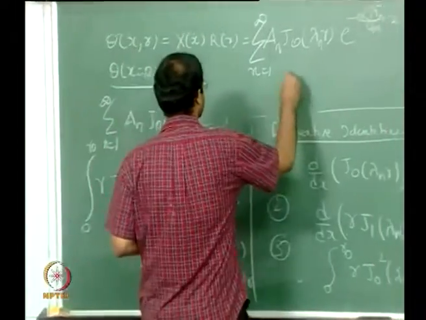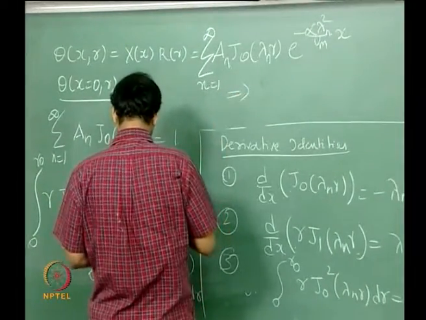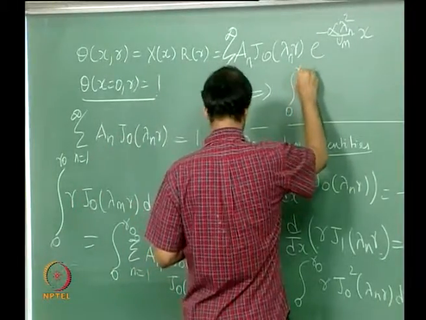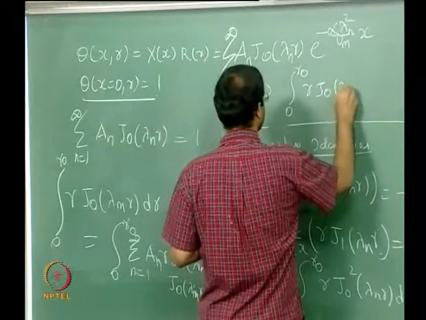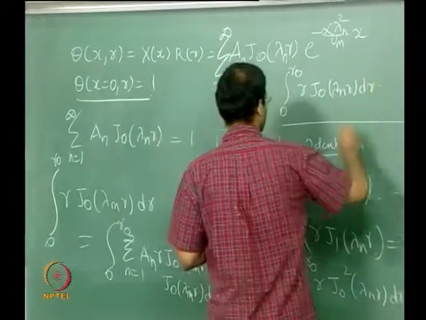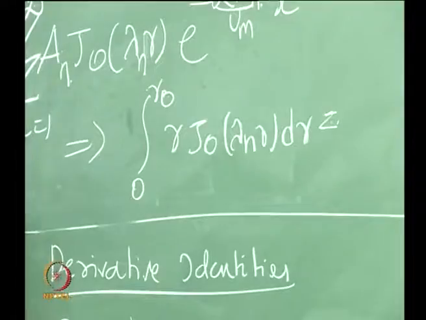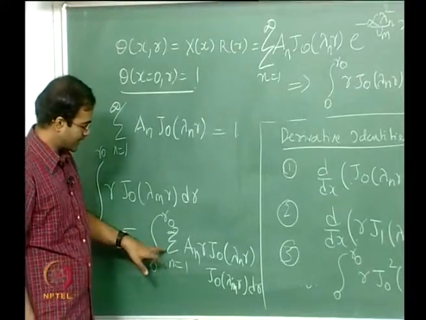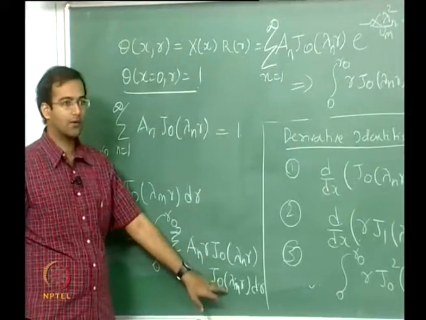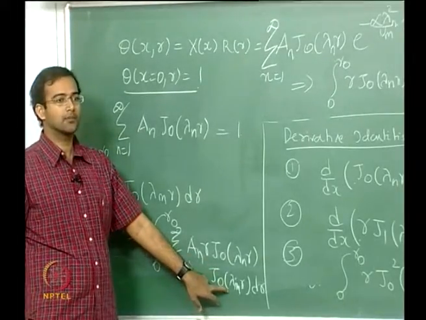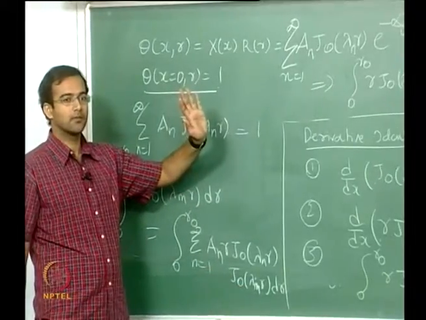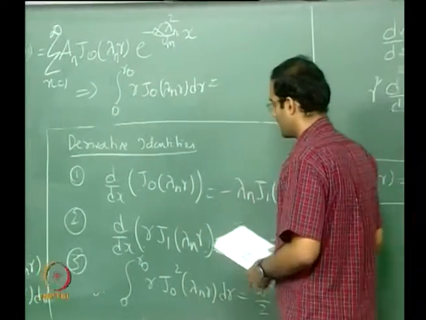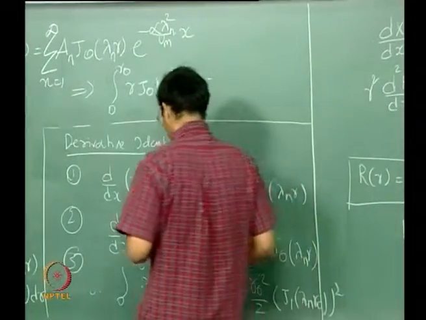So therefore this will become 0 to r naught, so for m equal to n, so only then, so you can imagine the summation here. So now I sum from n equal to 1 to infinity for a given value of m. If your n is not equal to m, so those values are all 0. So therefore this summation will reduce to the fact that it will be equal to J naught lambda n r the whole square only for m equal to n.